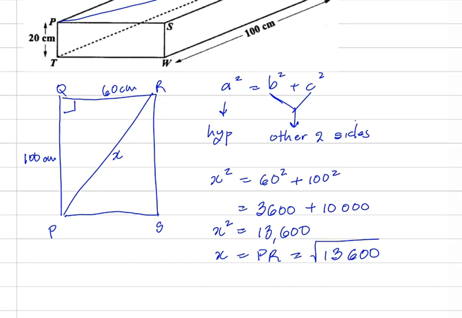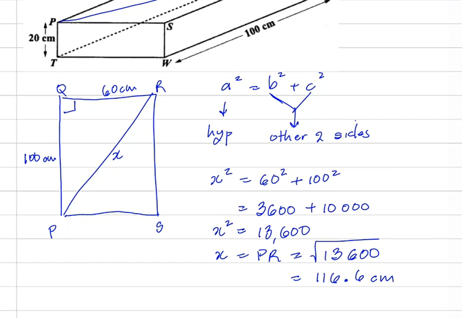So this is 116.6. So PR is 116.6, and the length is in centimeters. All right, so that's the first thing we're asked to do. We're asked to find PR.